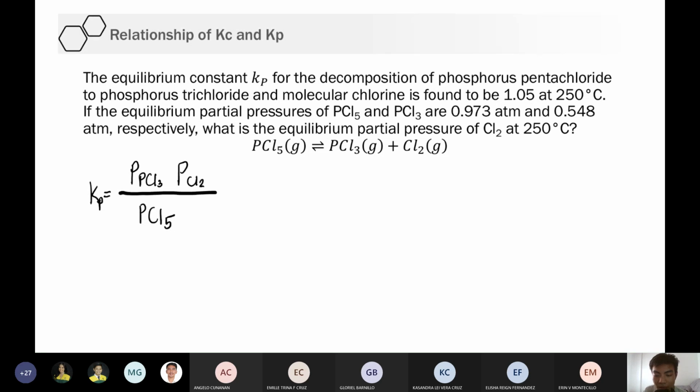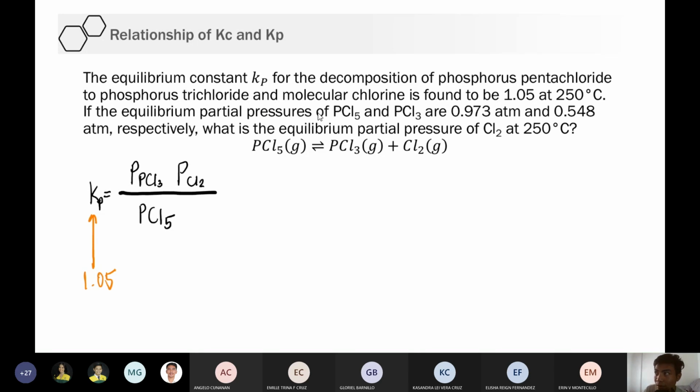Basahin uli natin yung problem. The equilibrium constant is found to be 105. So ibig sabihin itong value na to ay 105. Yan yung ratio nitong lahat. Pag ito pinag-divide mo, minultiply mo, ito yung katumbas niya, 105.